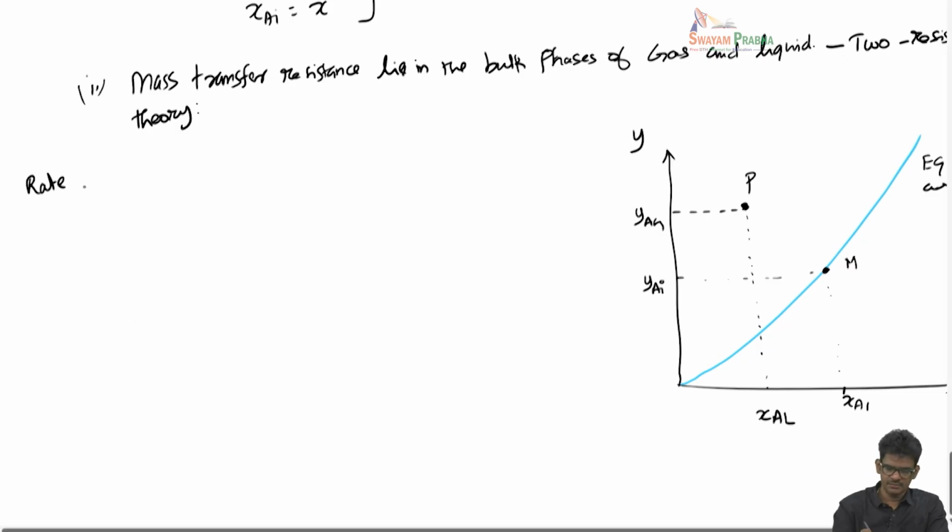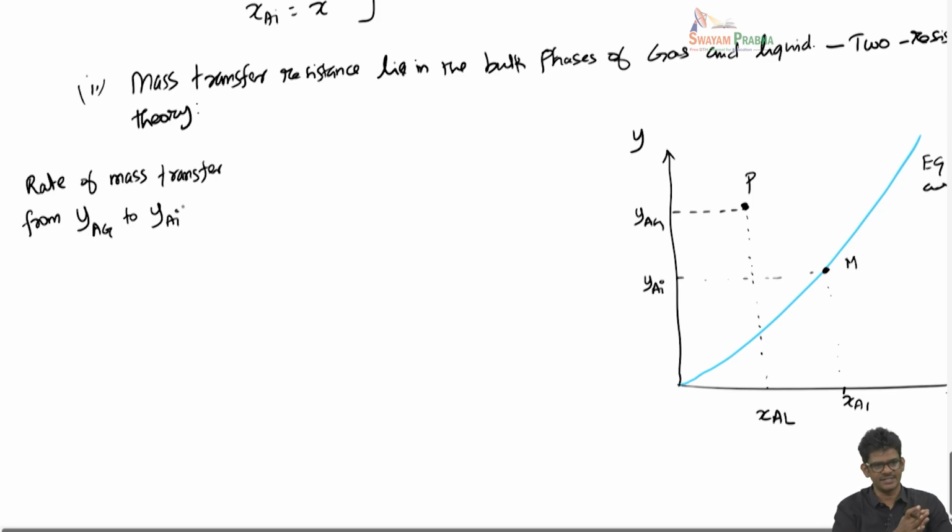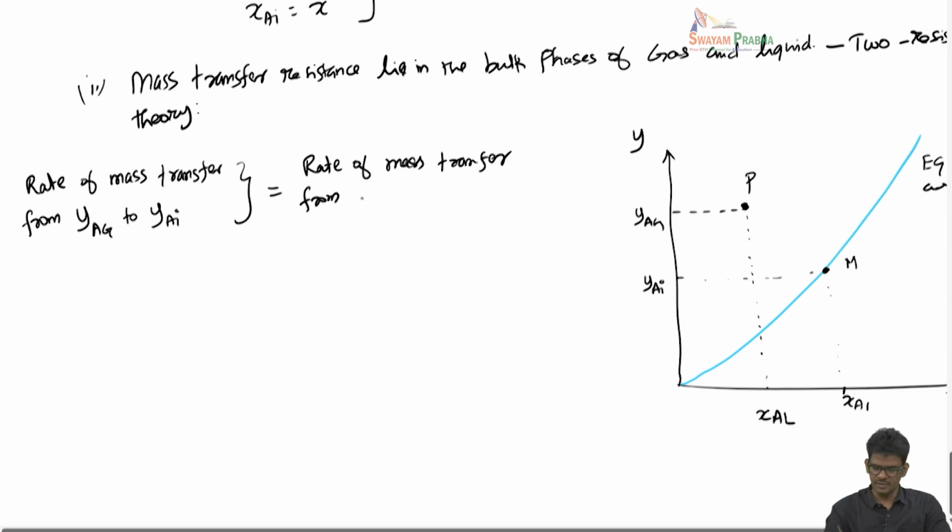So we can write the rate of mass transfer from YAG to YAI, because this is the mass transfer happening in the gas phase with the concentration difference from YAG to YAI, and this should be equal to the rate of mass transfer from XAI to XAL.